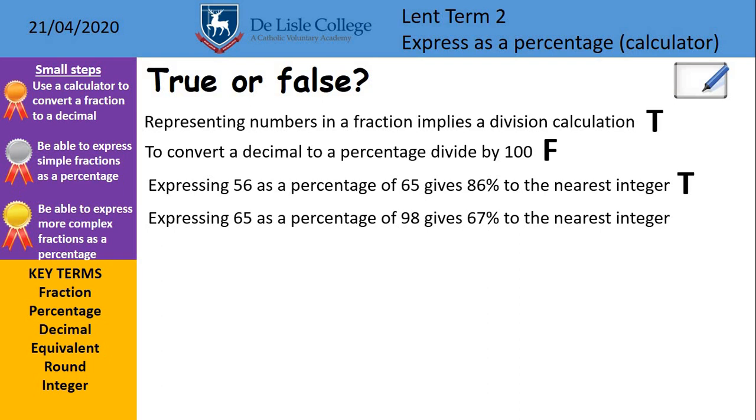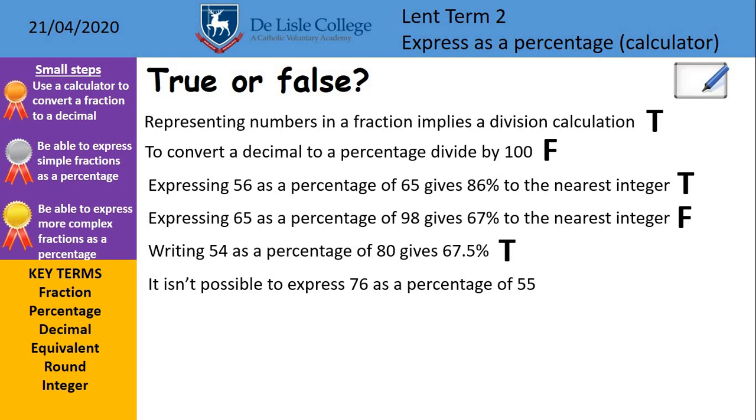Expressing 65 as a percentage of 98 gives 67% to the nearest integer. This is false. It actually gives us 66%. Writing 54 as a percentage of 80 gives 67.5%. This is true.